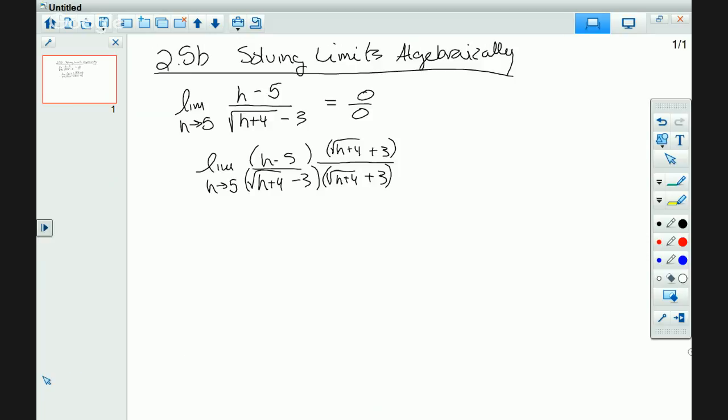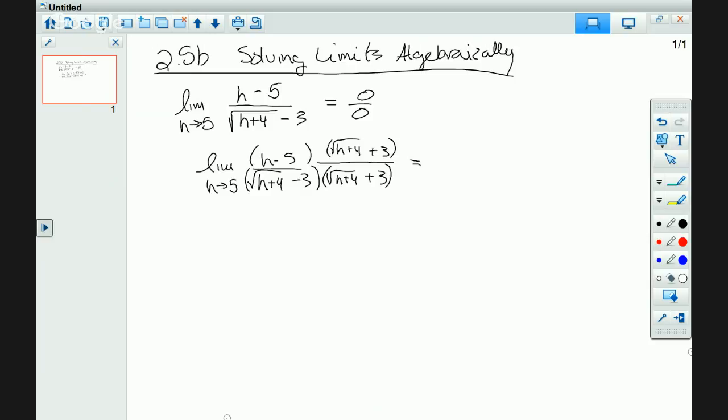Yeah, it's ugly. So just change the sign. Don't change what's in the root, just the sign between the numbers.